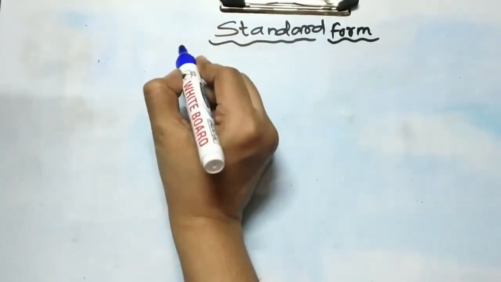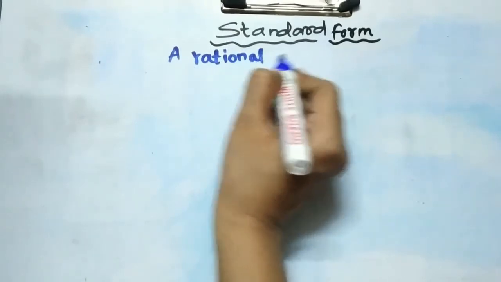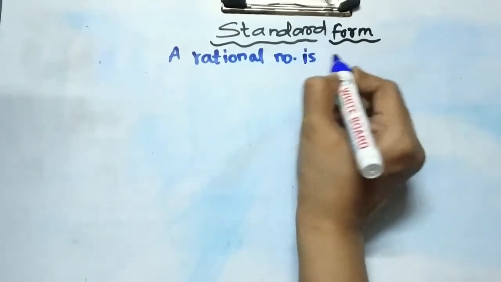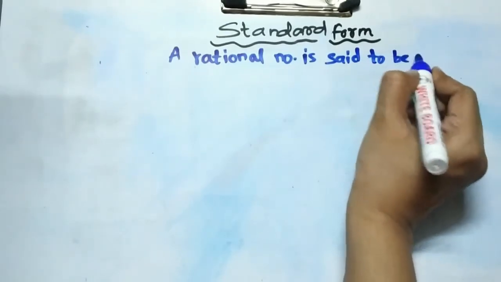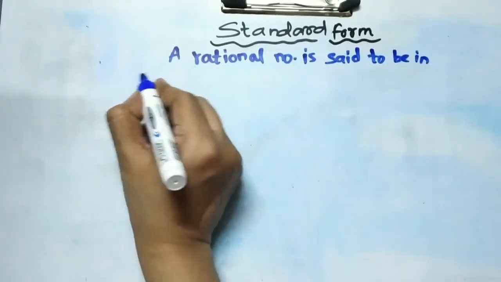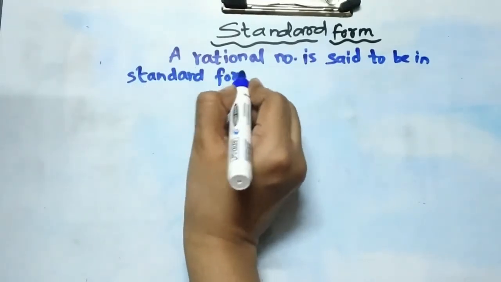Now friends, we will see what is a standard form. So friends, a rational number is said to be in standard form. So what are the conditions?